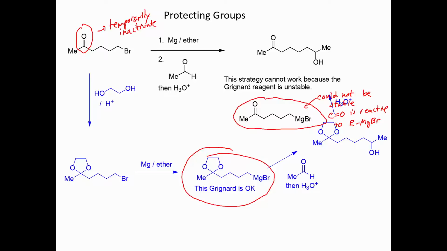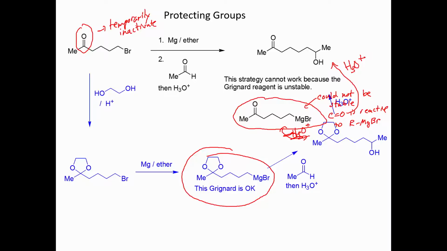Sorry, I covered up the H3O plus. I'll write it again, H3O plus. And this gives us our product. This will be a perfectly acceptable way to convert that ketone bromide into the corresponding ketone alcohol.